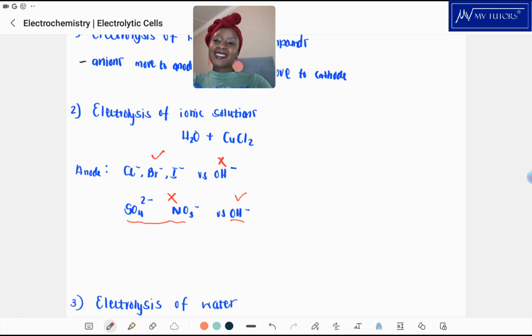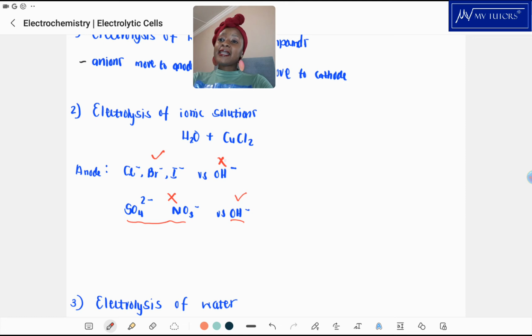The chloride ions, in this case, will win against the hydroxide. But that's basically what's happening at the anode. If you have your chlorine, bromine, iodine ions, we would say chloride, bromide, or iodide ions, they are the ones that will be oxidized at the anode.